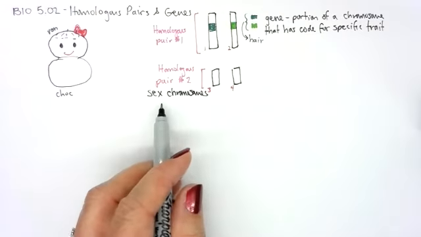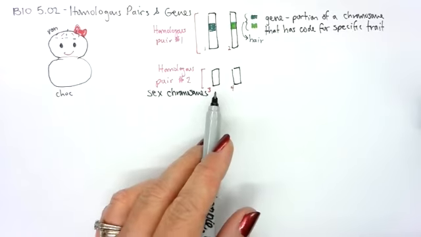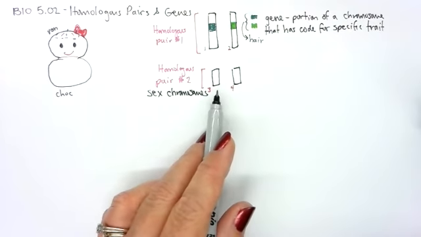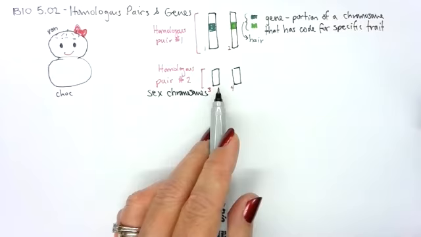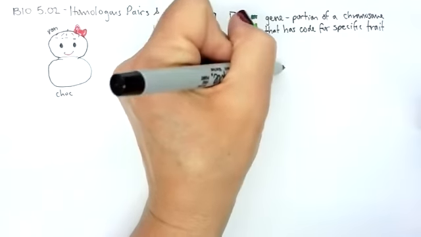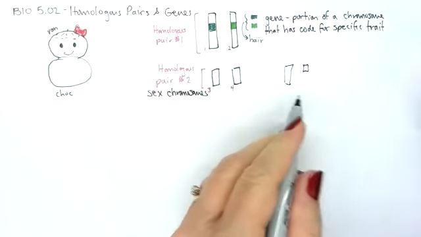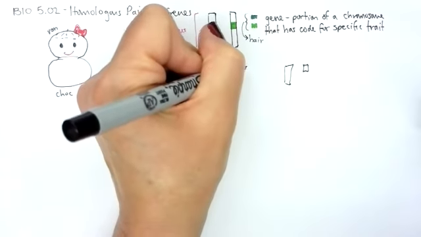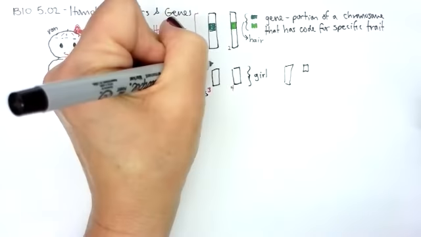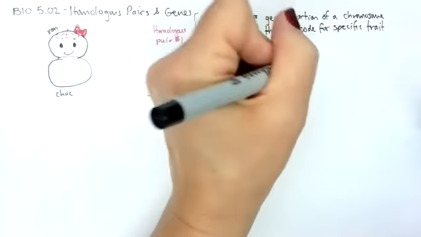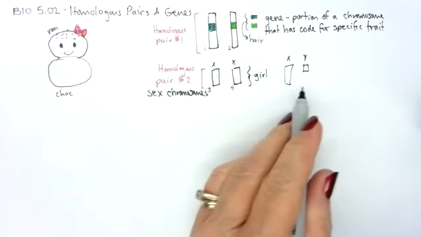And usually organisms have a set, and it could be the last set that we label, that are different. So in this case, I have two chromosomes that look pretty similar, but if I had this, I would have a boy. So this is a girl. So we call these X chromosomes. And if you're a boy, your last homologous pair is an XY.